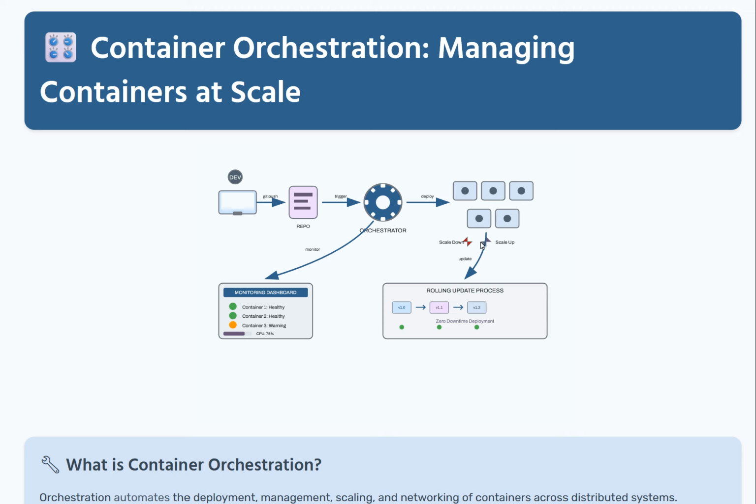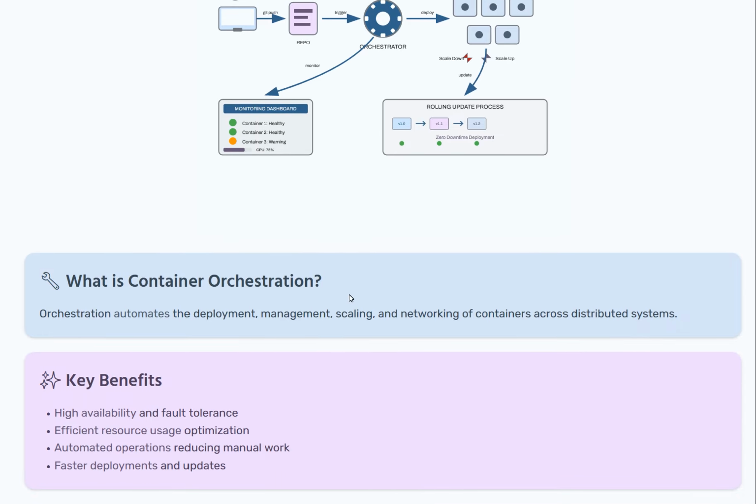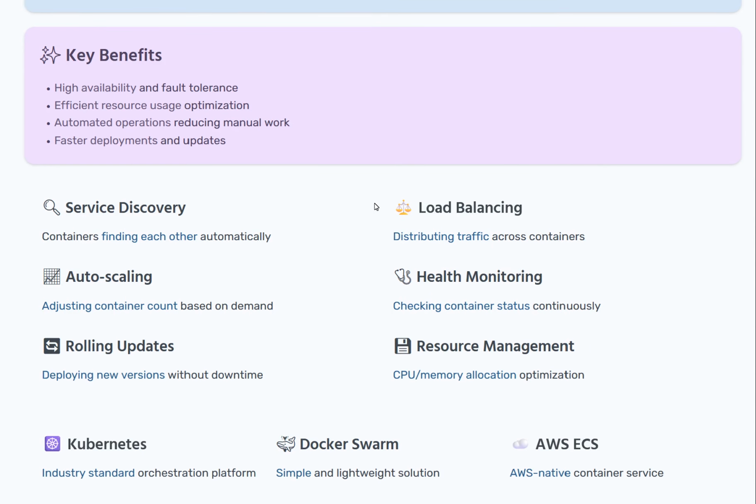They scale up or down accordingly. Here you can do the update process, and the monitoring dashboard will monitor the health. See that, container one healthy, container two healthy, three is warning, so it will take action on three, might restart the container or get another container instance running. Whatever it is, the orchestrator will do the job for that, right?